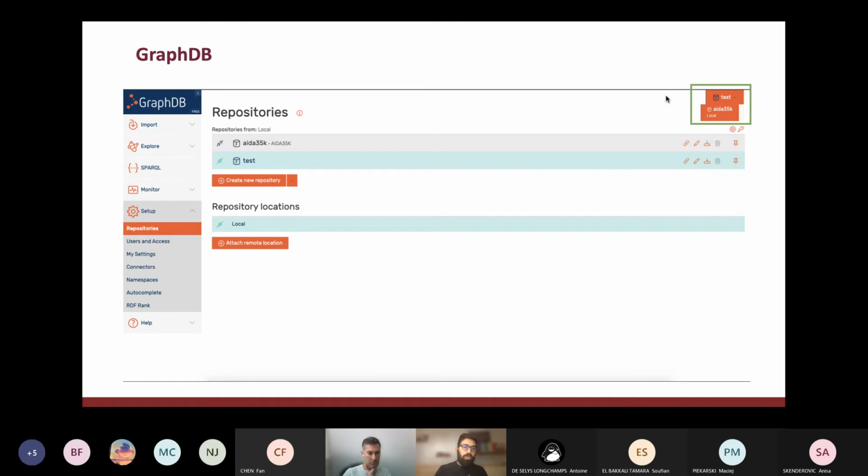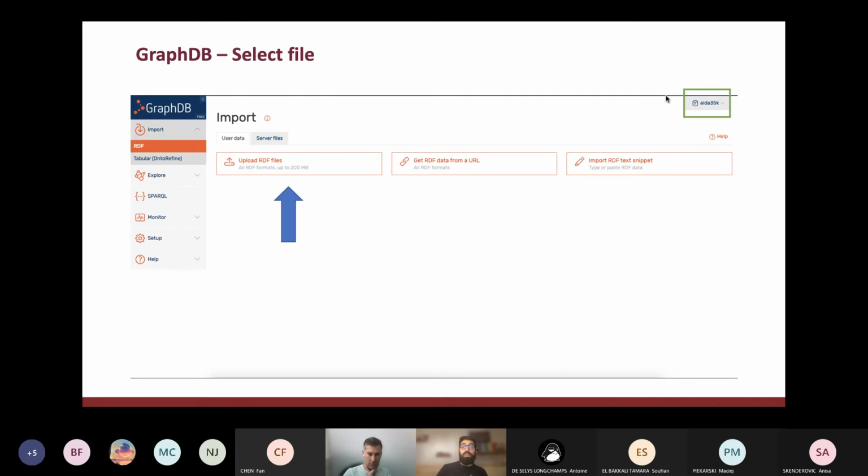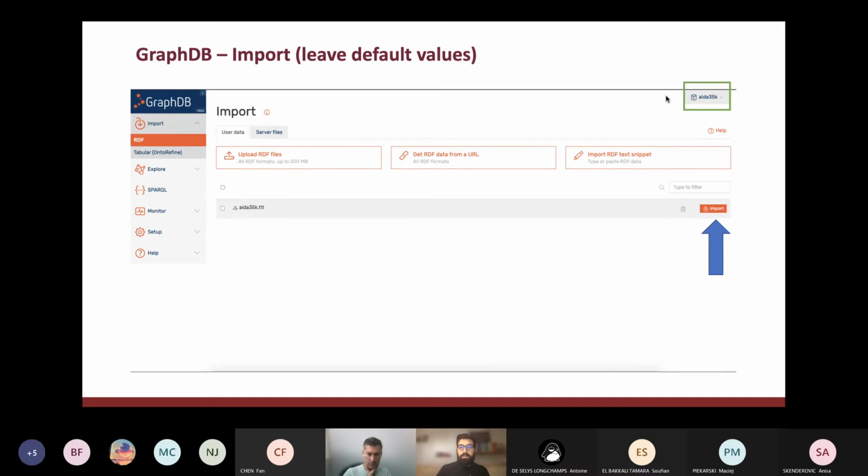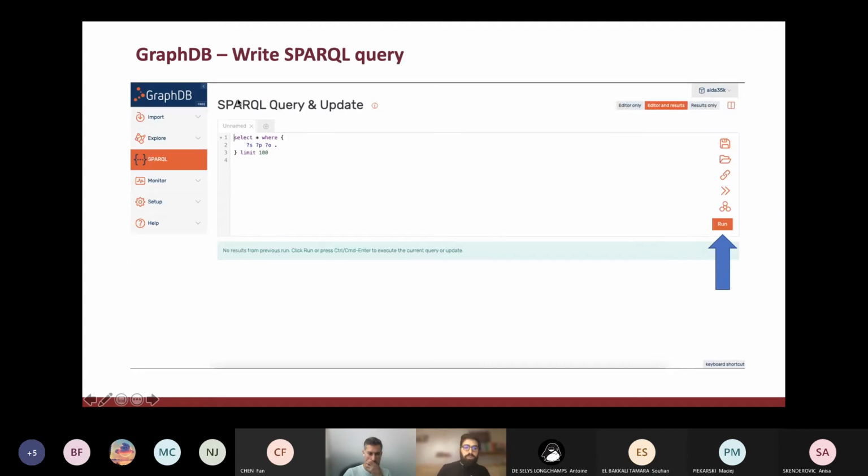And once you create the repository, you load the dataset. So you load the dataset you downloaded, and you import it. It's going to take around 2 to 5 minutes. It depends on how fast your machine is. Then you select which repository it is, and then you go straight away to SPARQL, and you write your SPARQL queries, and you run them.